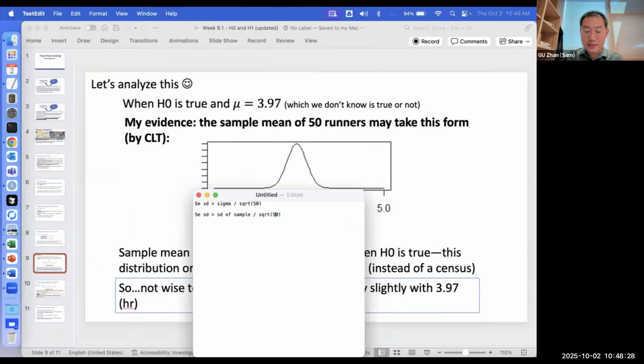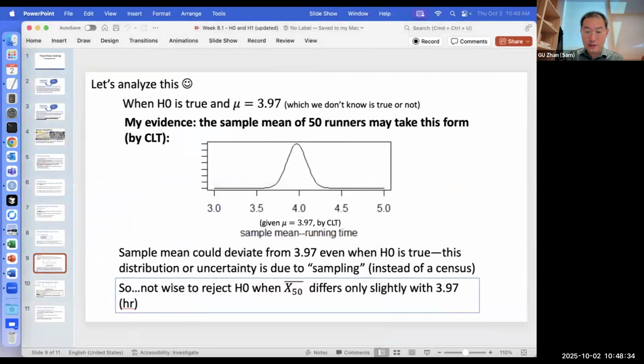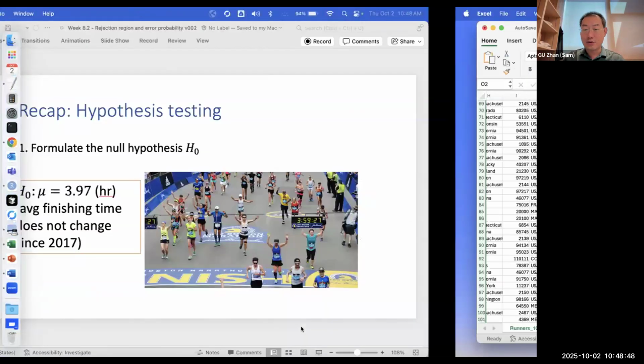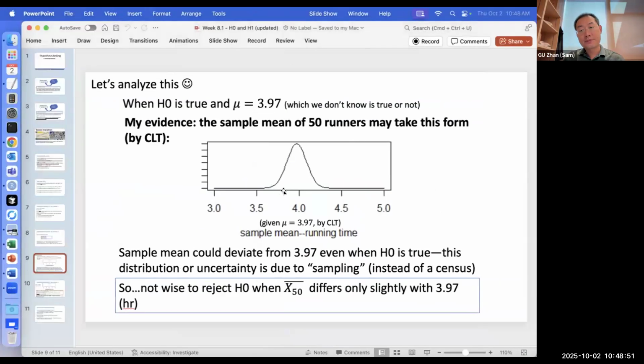So if you are using the sample, then n is 100. We want to reject if X50 or X100 differs sufficiently from 3.97. What we have is 3.6, and 3.6 is somewhere here.